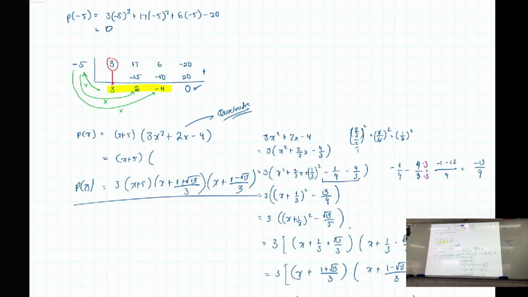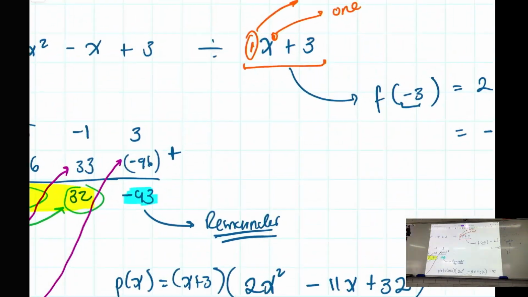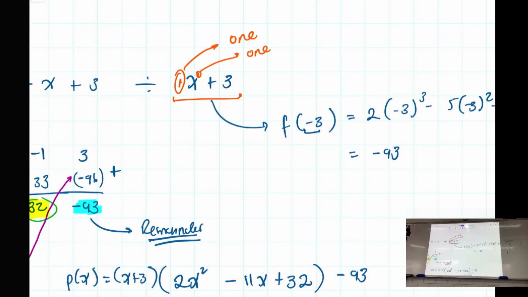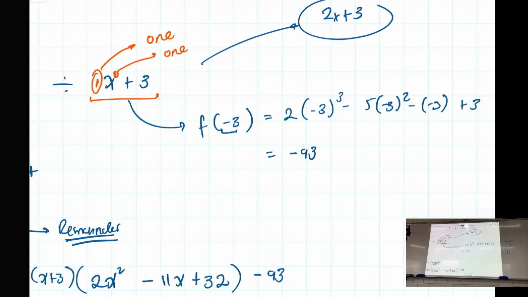Now, this gets more complex if my divisor no longer has a coefficient of 1, right? I'm not going to go into that because I'm going to confuse you. If this is not a 1, guys, hear me out. If by any chance you have 2x plus 3, you cannot do synthetic division.